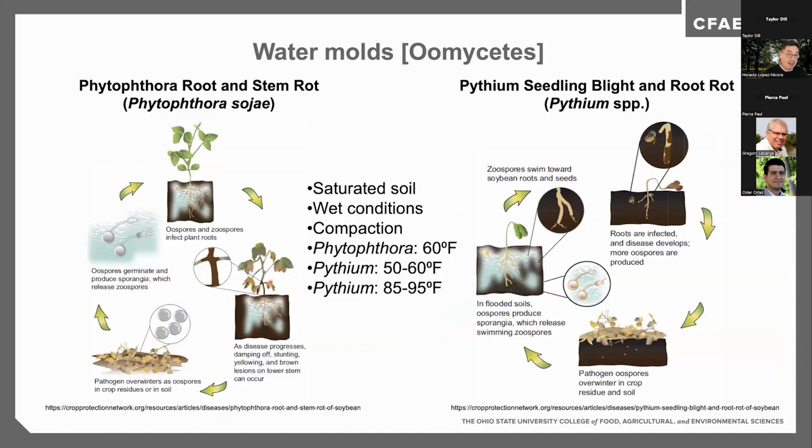It really requires that seeding water, those saturated soils for those oospores to produce sporangia, zoospores that will go to the root system and either kill the seed, the seedling, causing damping off, or eventually adult plants. A lot of species in the field. So if you have a history of water mold, highly recommended to use a seed treatment.